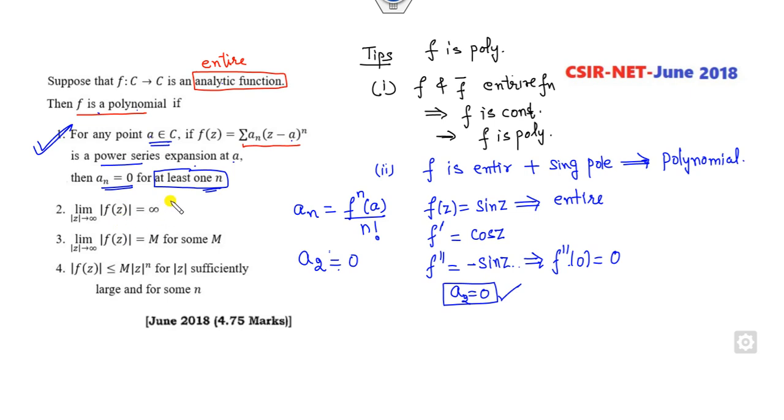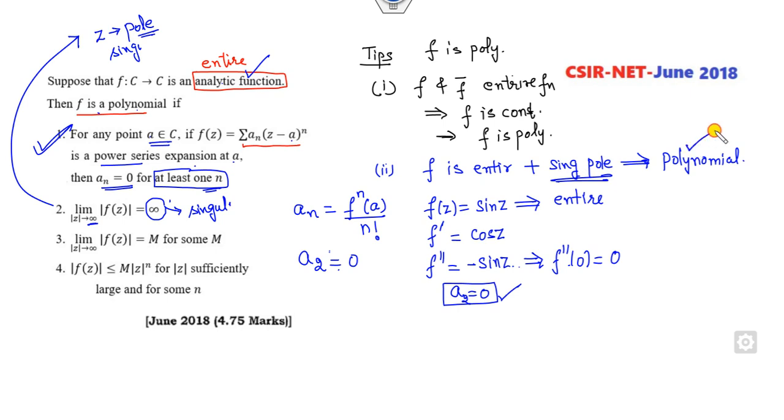What is the meaning of that? This means z goes to infinity, f goes to infinity, meaning it has a pole. So that's a singularity, because of this infinity we can say it's a singularity. A singularity at the point infinity is called a pole. f is an entire function and f has a singularity which is a pole. This implies it is a polynomial. So this is the correct option.